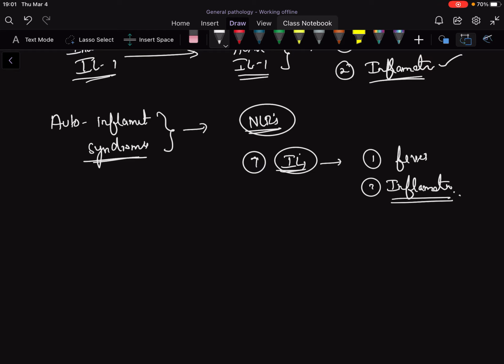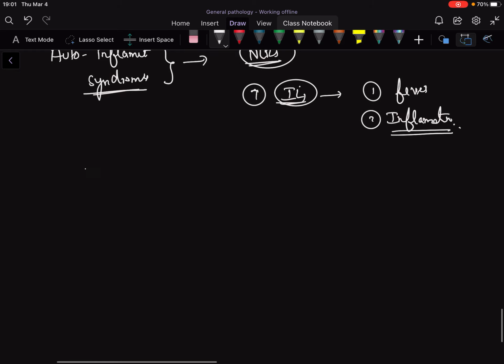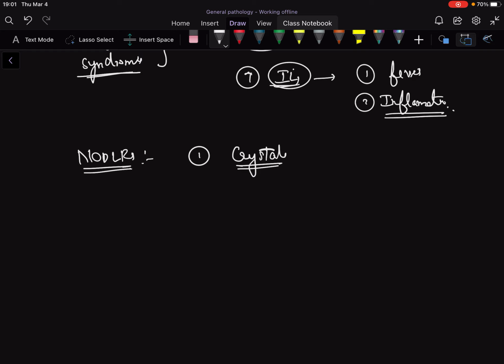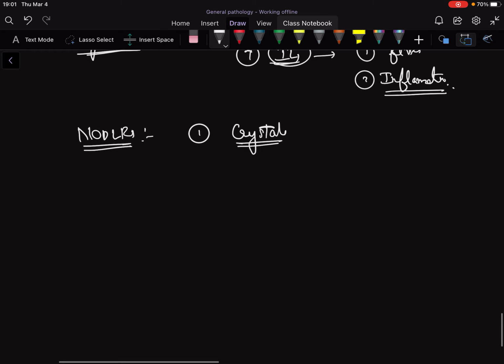So what are the trigger factors which cause the activation of NOD-like receptors? NOD-like receptors are activated mainly by crystals. Can you name some diseases where you find many crystals? Yeah, in gout.